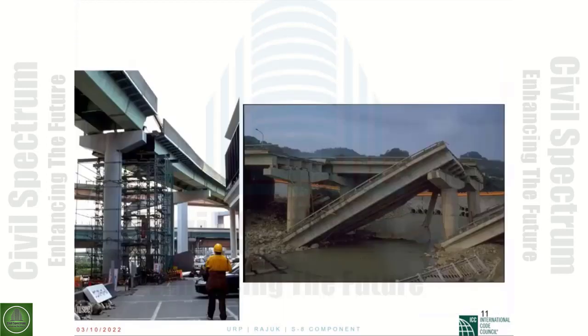These are the same thing: very short seat width for a concrete bridge, and the same thing for a steel bridge. So the support length, allowing movement at the support locations if you have a discontinuity, is extremely important.